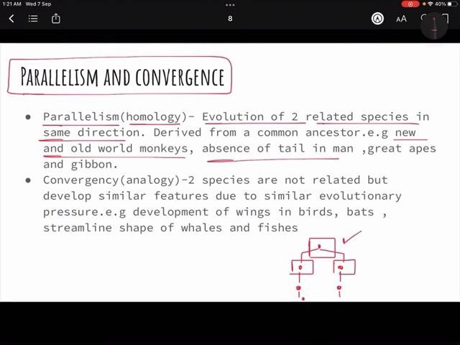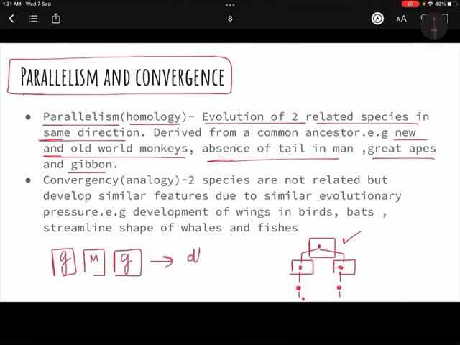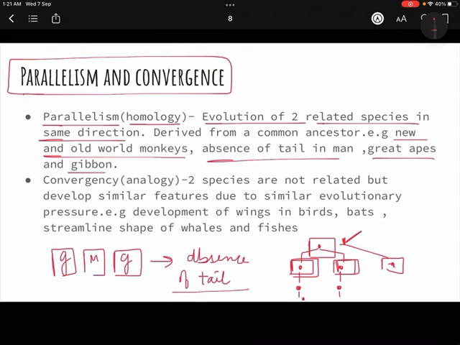For example, absence of tail in man, great apes and gibbon. Now great apes, man and gibbon are very different species today, but despite being so different, all of them do not possess a tail. So this is a feature which they have developed independently but is the same. So the feature is parallel, but they have derived it on their own independently. That means it was absent in the common ancestor, and these three independently acquired it, living under environmental pressures.